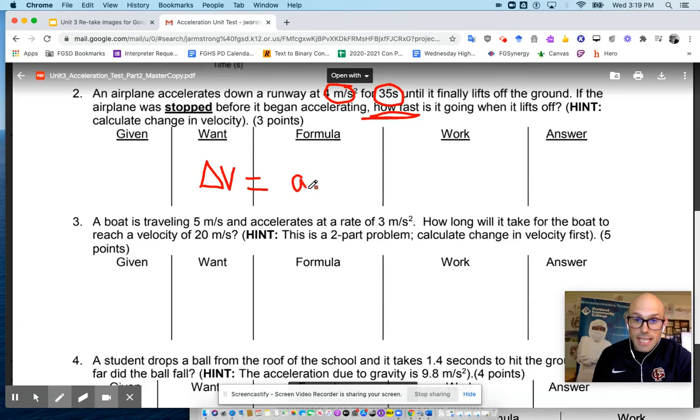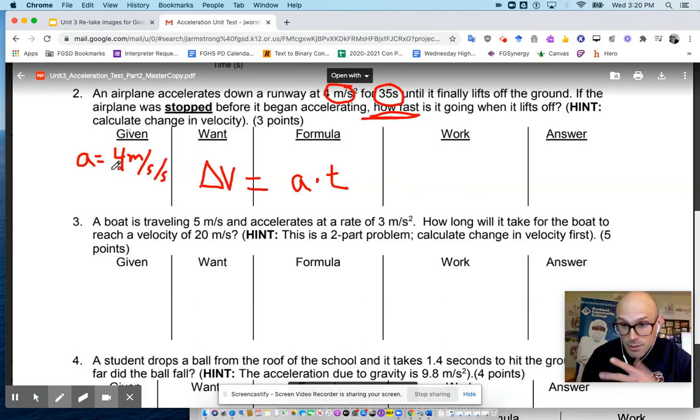Remember? That is a times t, and that's also what we were given. We were given an acceleration of 4 meters per second squared. And if you don't like this squared, you can just do meters per second, because that's what it is.